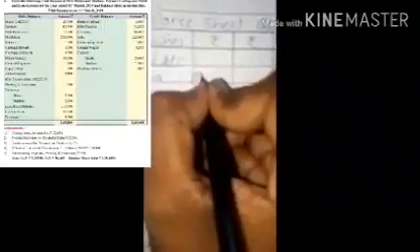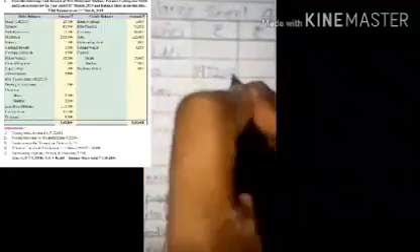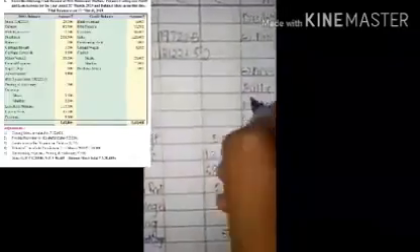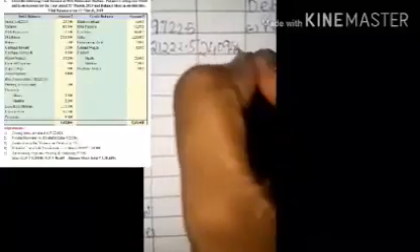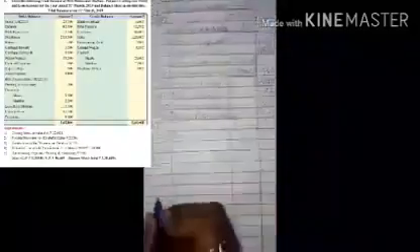Meera's balance 1,19,722.5, and here 1,21,222.5. Total is 2,40,945.